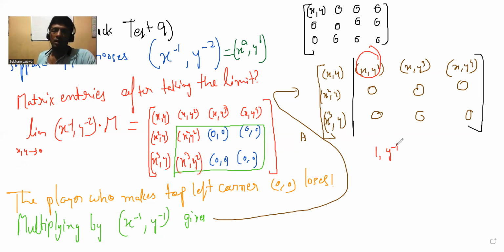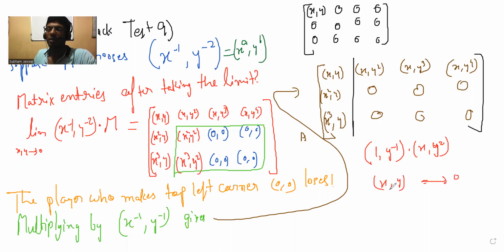Yeah, just 1 minute. Adish, do you see if he does this, then this entire thing becomes zero, right? And as I've already said, you can always select a vector so that you make that entry and everything to the right and below zero. So x comma y square, and this goes to zero when you take the element.